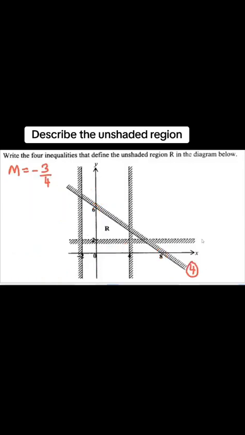Alright, so now let's find the equation of this straight line. We have our gradient, m is equal to negative 3 over 4. So to find the equation of this straight line, we are going to use this formula. Y minus y1 is equal to m for gradient, open bracket, x minus x1.